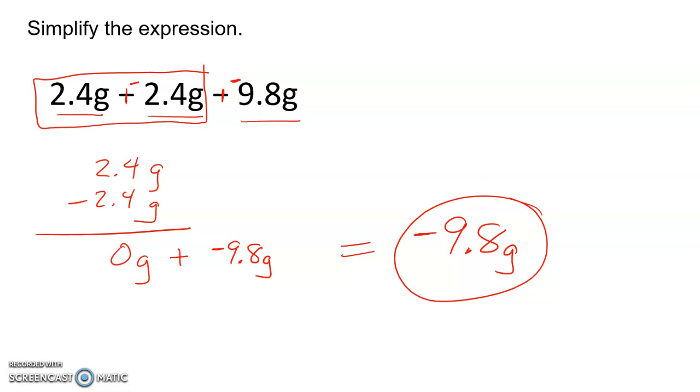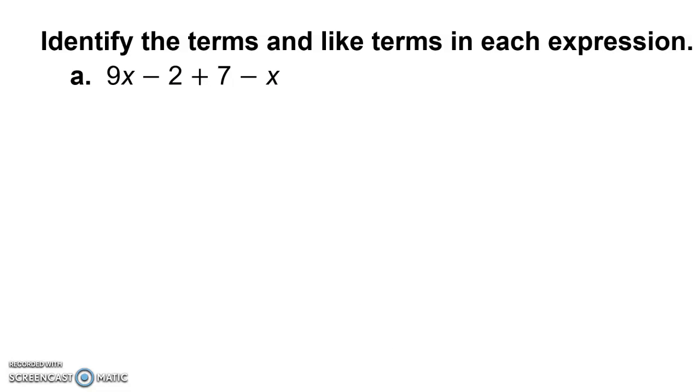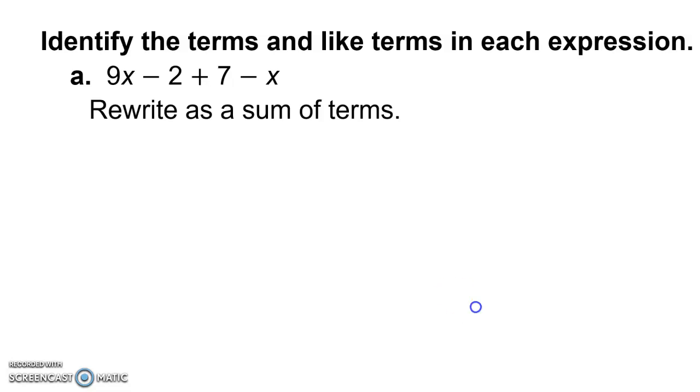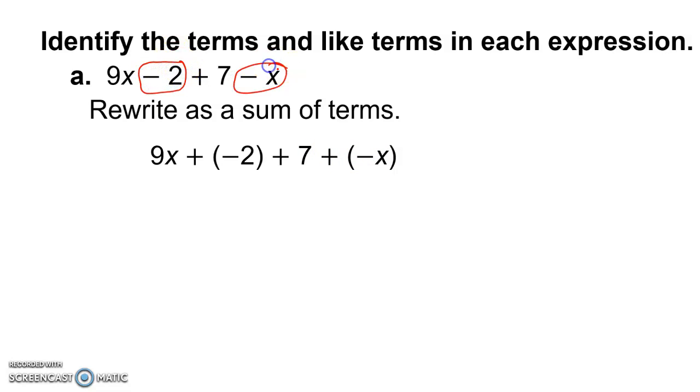All right. Let's look at the next one. Identify the terms and like terms in each expression. So that's what we've already done. It kind of just shows you. There it is. They say change it to addition, plus negative, plus negative. When I circled my term, do you see how that made it a negative 2 and a negative x?